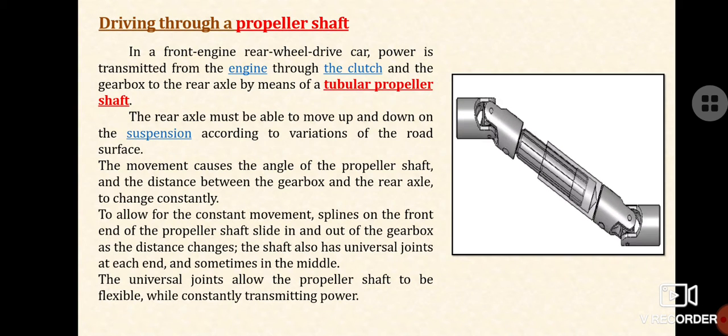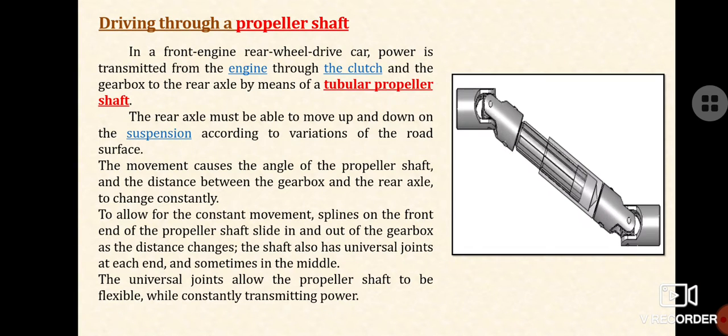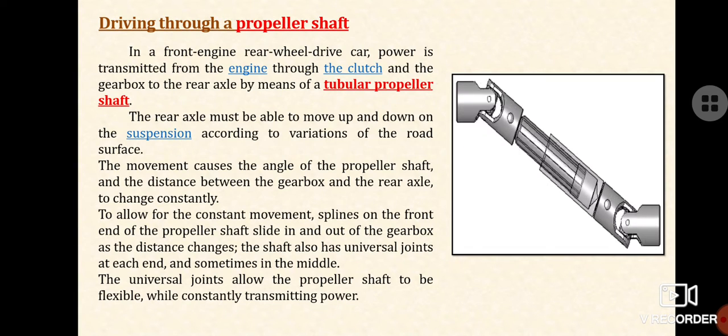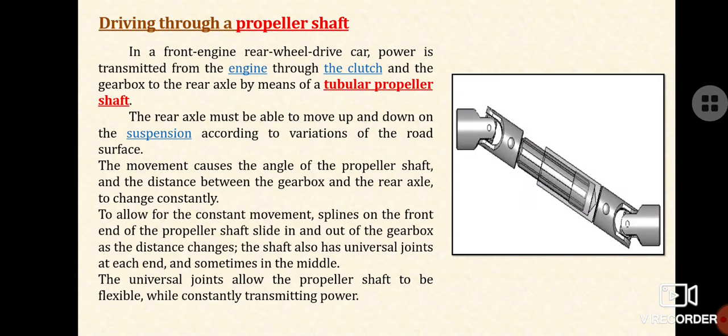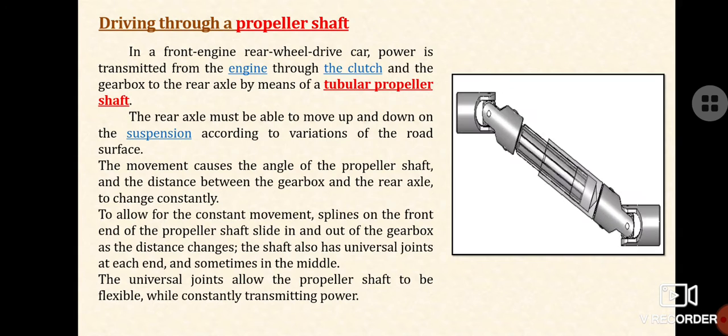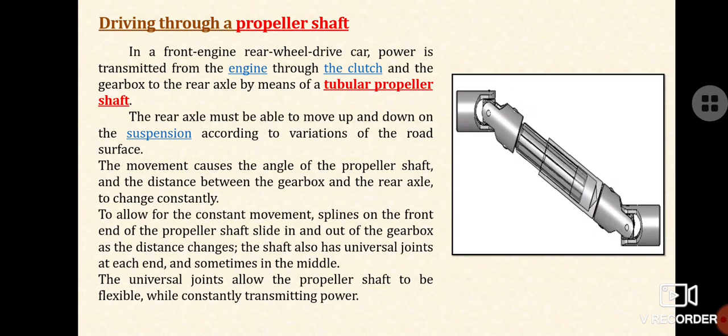The rear axle must be able to move up and down on the suspension according to the variation of the road surface. The movement causes the angle of the propeller shaft and the distance between gearbox and the rear axle to change constantly.